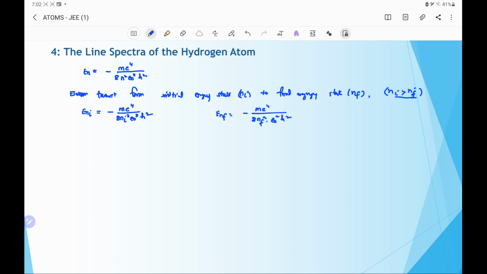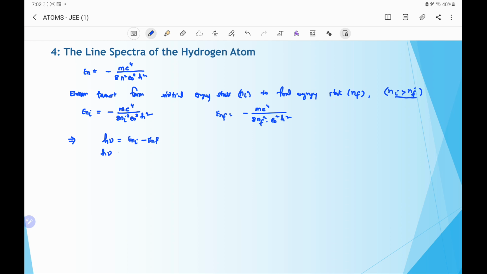Now, because of this transition, there will be the emission of a photon as per Bohr's third postulate, and this energy of the photon is h nu, and this h nu is equal to E Ni minus E Nf.